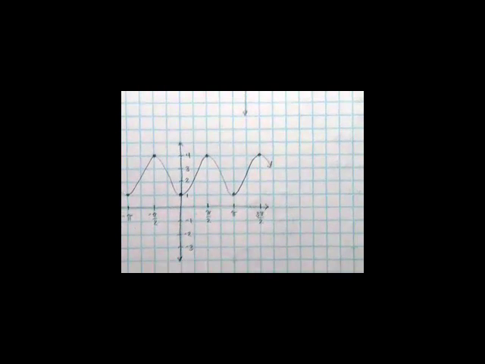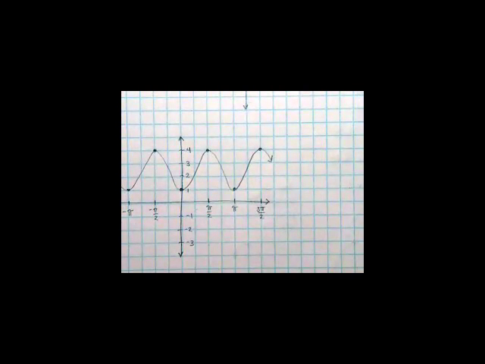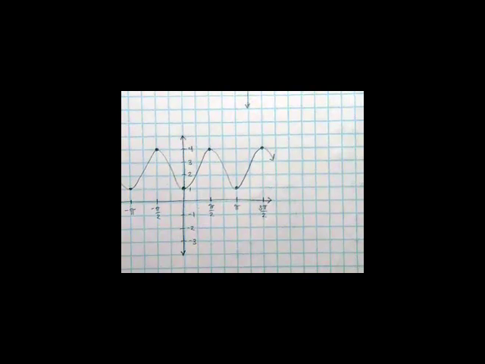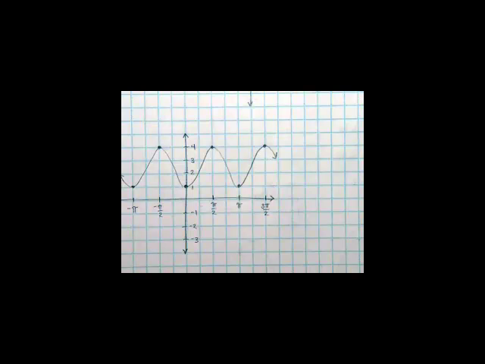Okay, that should be enough. So just by taking a look at this thing, can anybody tell me any one of those four things that we want? Amplitude, period, phase shift, vertical shift. Do you see any of those in there?